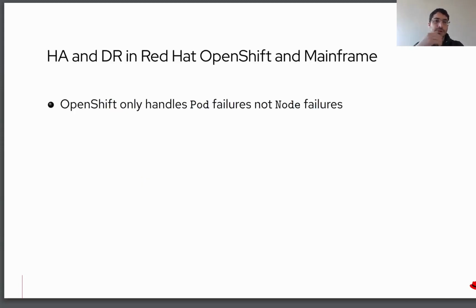OpenShift only handles pod failures, not node failures, in the sense that if a whole box goes down, it's not handled by OpenShift itself, because the idea is that a human will fix it. Obviously, the application that we're running on that machine will get rescheduled on a different machine, but the machine will not be part of OpenShift or Kubernetes's interest.